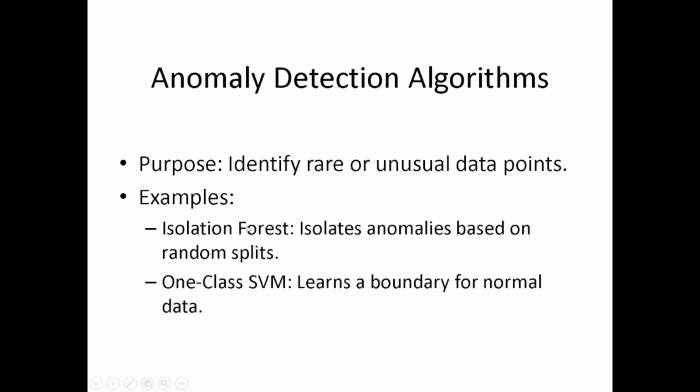Isolation forest, for example, isolates anomalies based on random splits in randomly constructed trees. One-class SVM, however, defines a boundary around normal data and flags anything outside as anomalies. These algorithms are integral to fraud detection, system monitoring, and cybersecurity.